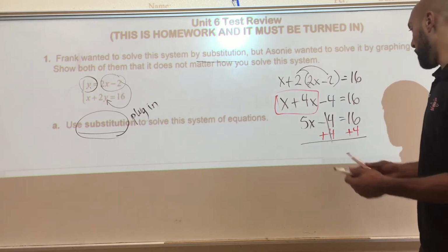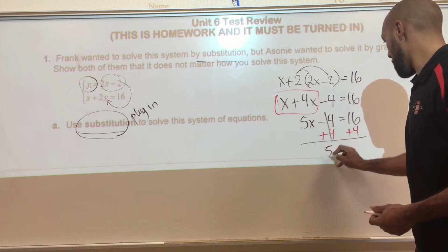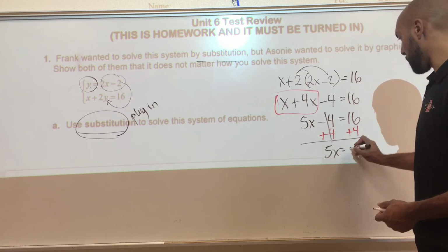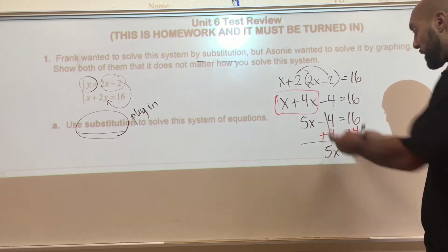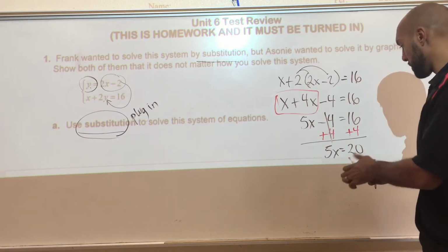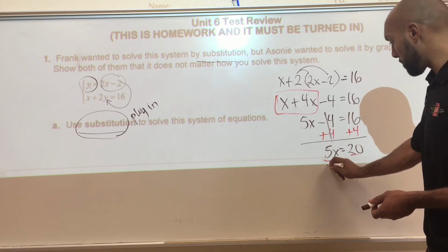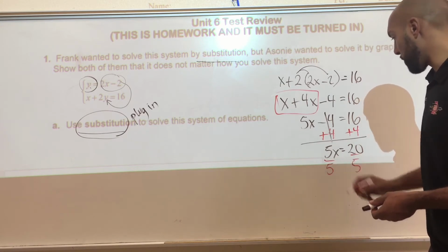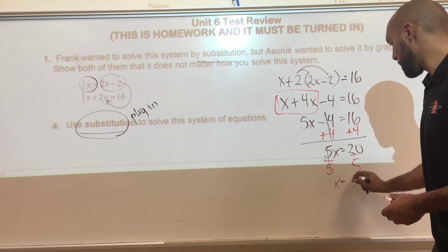Now bring down the 5x. 16 plus 4 is 20. And then you always start by adding and subtracting, and then we always end with divide. So now we divide. We're going to get rid of the 5 by dividing the 5 on both sides. Cancels out. X equals 4.